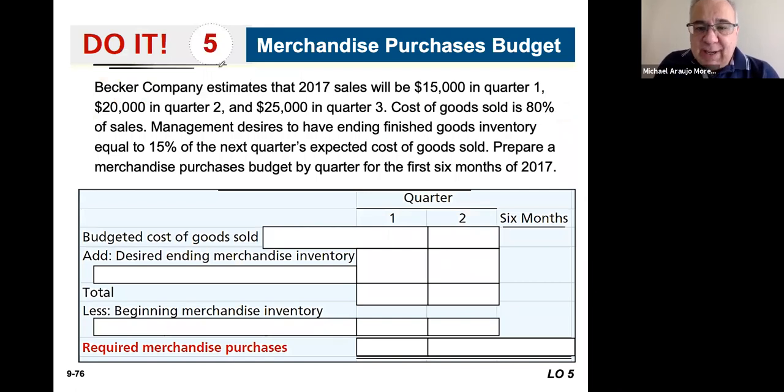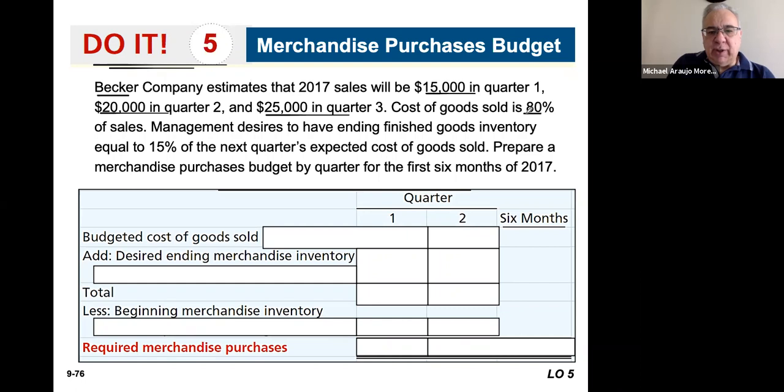So, Exercise number 5 ends with a focus on merchandising. And so here we go. We've got Becker. Becker Company estimates their 2017 sales will be $15,000 in the first quarter, $20,000 in the second quarter, and $25,000 in the third quarter.